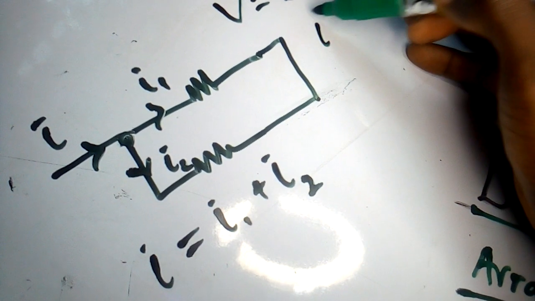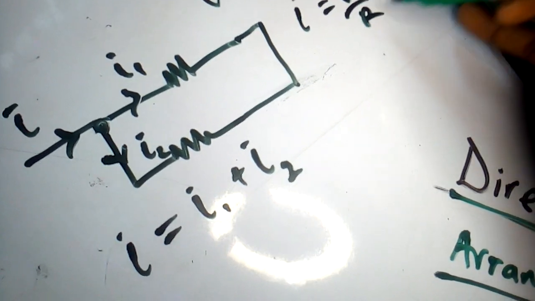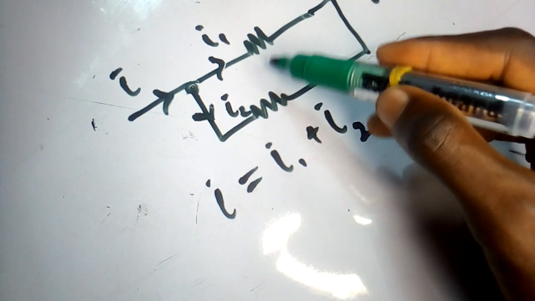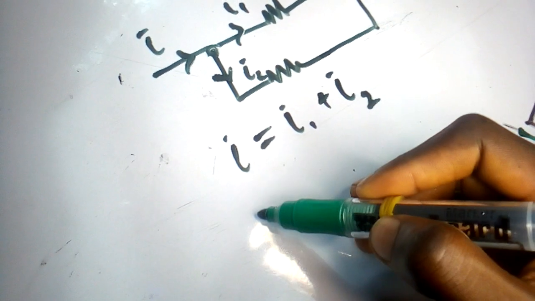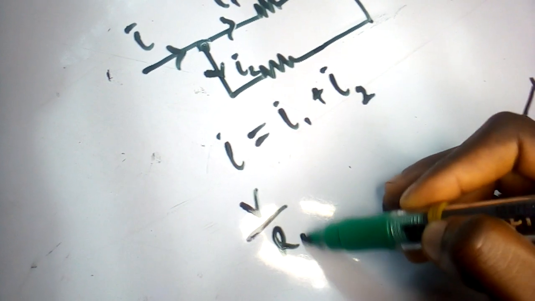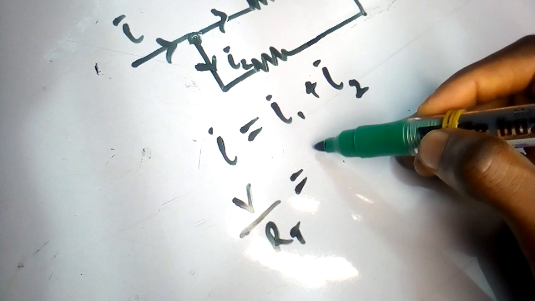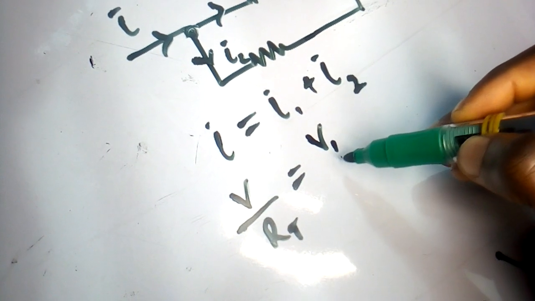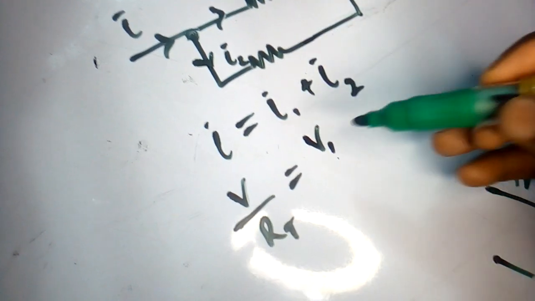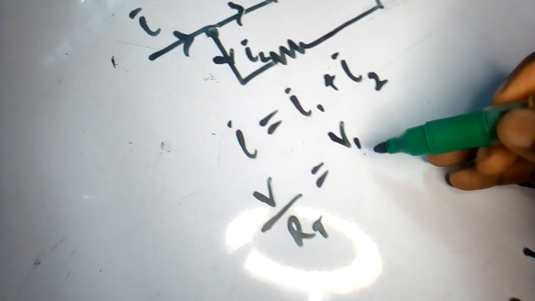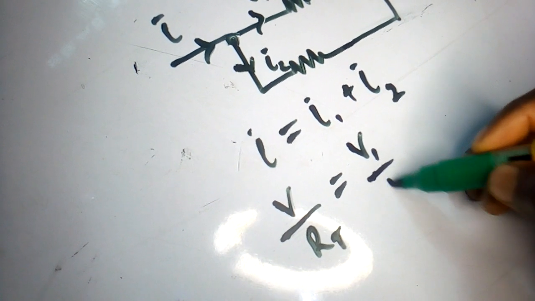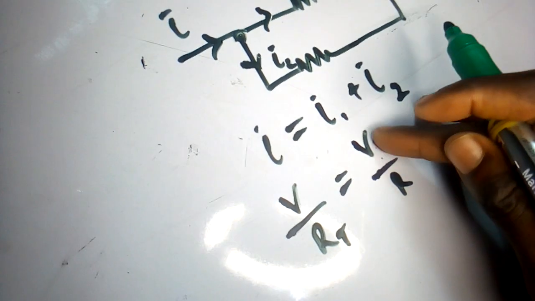Now don't forget that from Ohm's law, V equals IR, so I would be V over R. This R is the total resistance offered in the circuit, which is what we're trying to get. So we can put this as V over R total. Then this would be V1 over R1 plus V2 over R2, since they have the same potential difference.